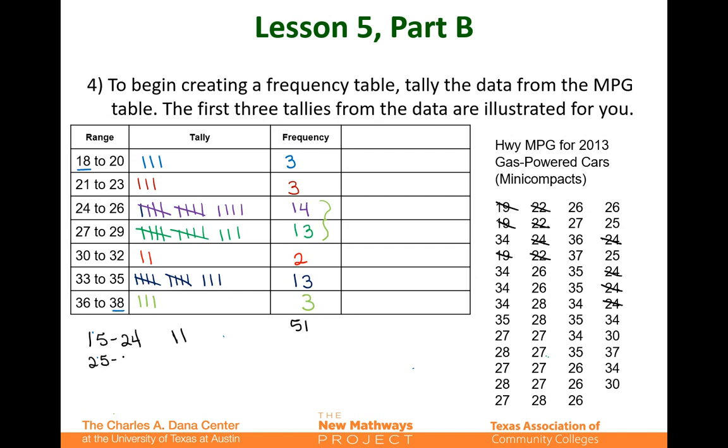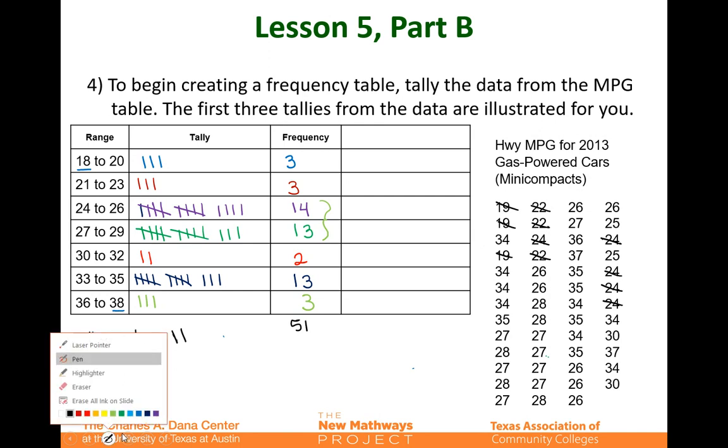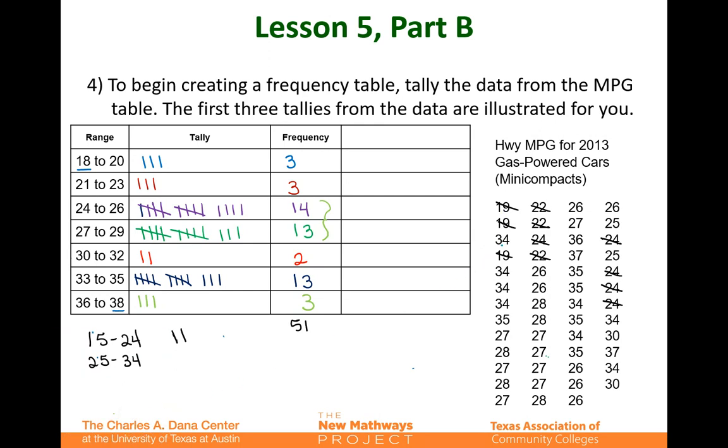In 25 to 34, let's pick a different color so we can kind of see those better. 1, 2, 3, up through 32. About 32 in that mid-range.